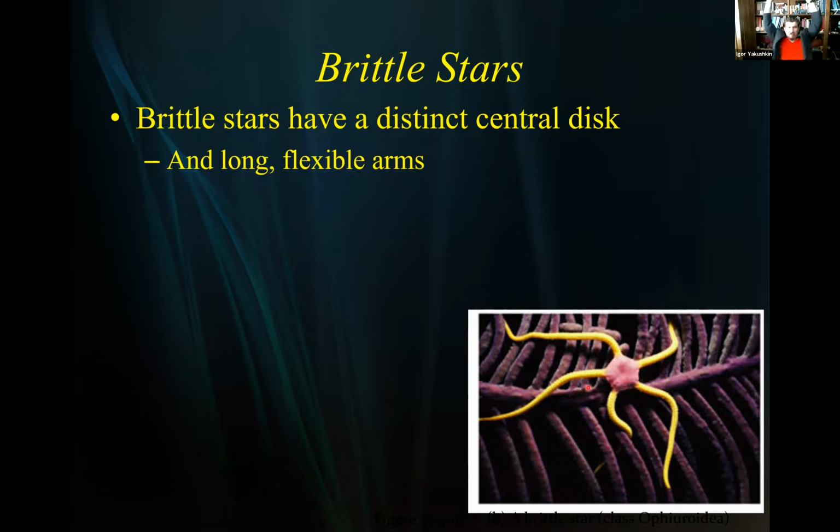The brittle star will raise them up, lined with tube feet, and they will try to capture whatever plankton they can. As soon as they capture it, they will move it down into the mouth. So the mouth will be on the opposite side. Again, we're looking at the dorsal side.